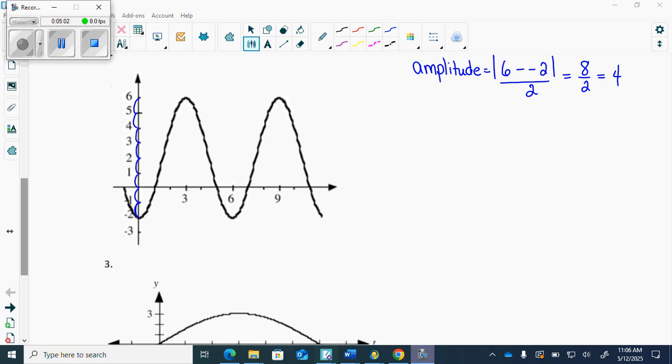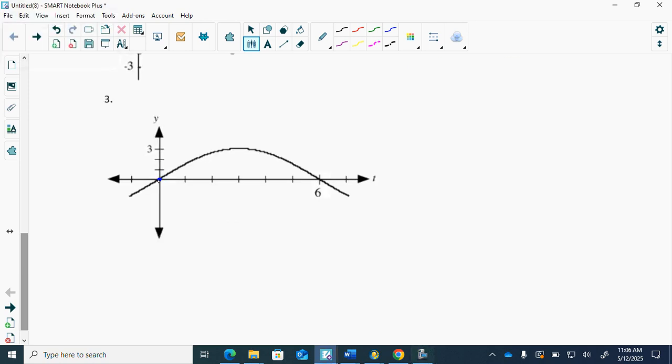Find the amplitude of this one. I start here and go past a max back to that same height, that would be the middle of it, or I could say that it has a minimum at 9 and negative 3 as well. So we know that it's going to keep going.